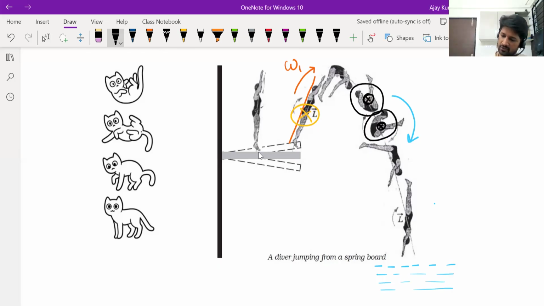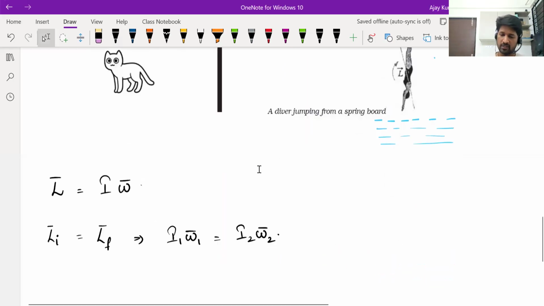In the first diagram, if you see, from the axis passing through center of mass, the mass is at a large distance. Later, during the dive, the diver brings the mass close to the axis. If mass comes close to the axis, what happens? Moment of inertia decreases. And if moment of inertia decreases, see I1 omega 1 is equal to I2 omega 2.